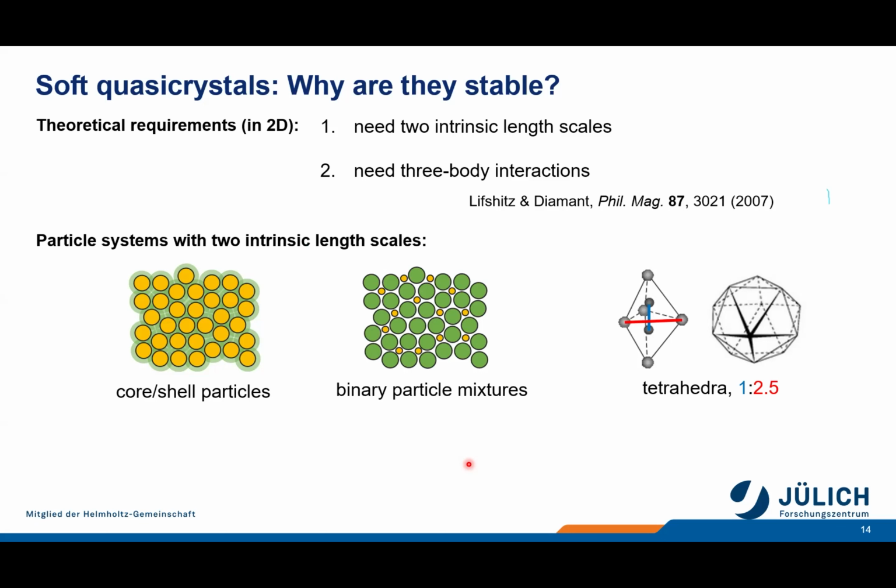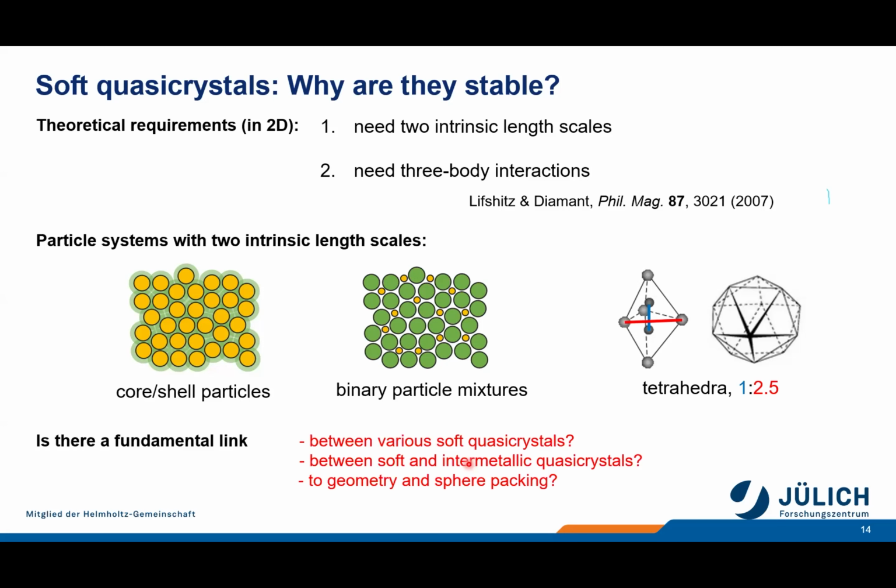And also tetrahedra have two intrinsic length scales. This would be the edge length, but also the distance from the center to the face. And if you pack two of them together, then the two center distances would be the second length scale that you could have. So this would be a third example of a simple geometrical object with two length scales, which could potentially form quasicrystals.